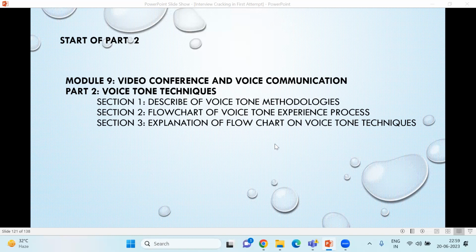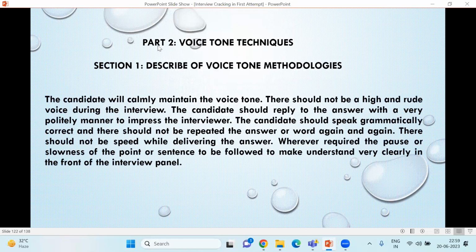Now we'll move to the next slide. Part 2, voice tone techniques. Section 1, describe voice tone methodologies. The candidate should calmly maintain the voice tone. There should not be a high or rude voice during the interview. The candidate should reply to the answer in a very polite manner to impress the interviewer.